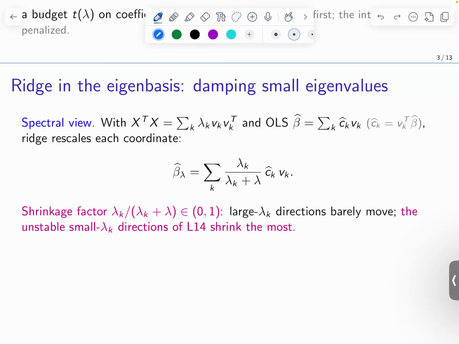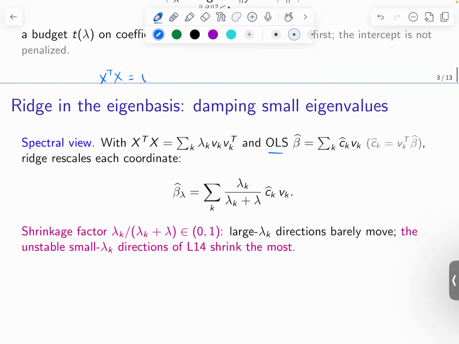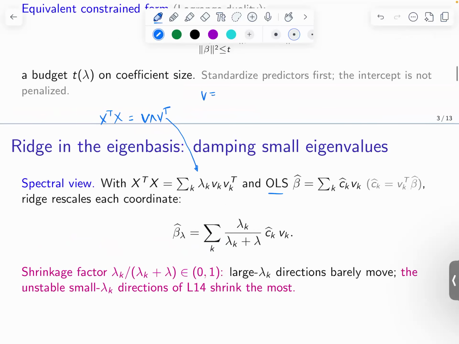Now, let's try to analyze this estimator. The first thing I want to do is connect it back to the OLS. To do this, we have X transpose X, which is V lambda V transpose. If you remember, V is a matrix of eigenvectors, so the columns are the eigenvectors.